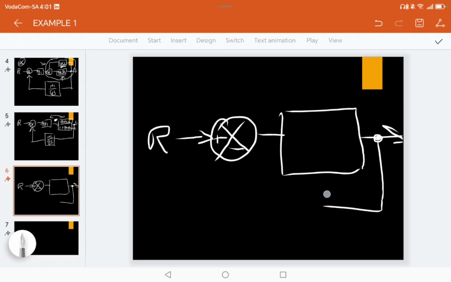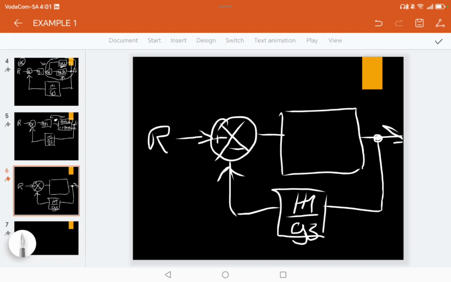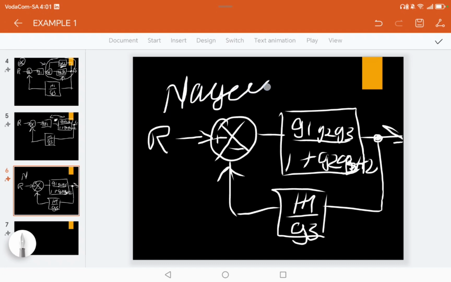They've got their feedback, and the feedback is still the same, and it's negative feedback. So it's just G1 multiplied by G2 and G3 divided by 1 plus G2 G3 and H2. So we have a negative feedback again, and we have to deal with it now.